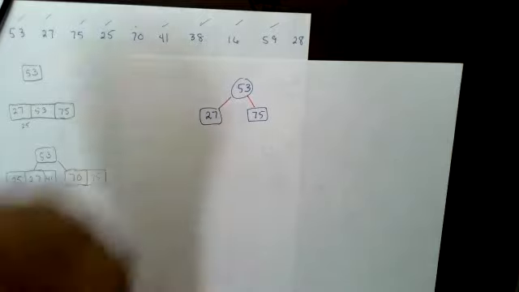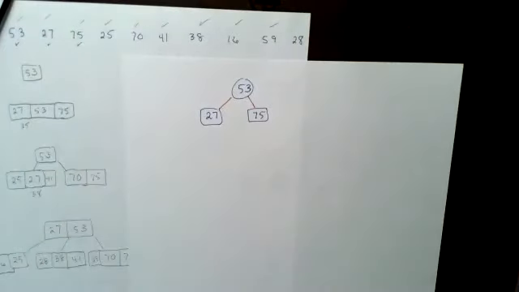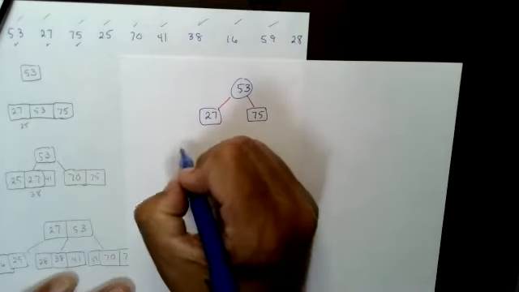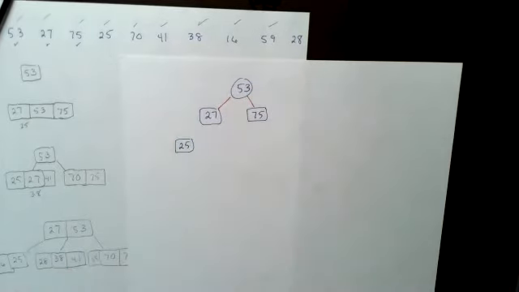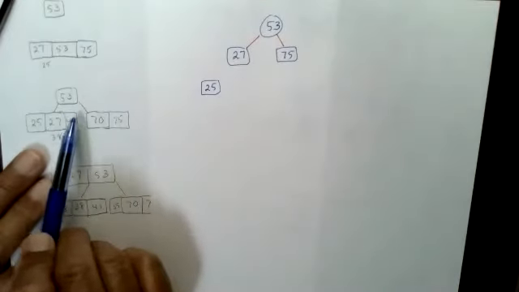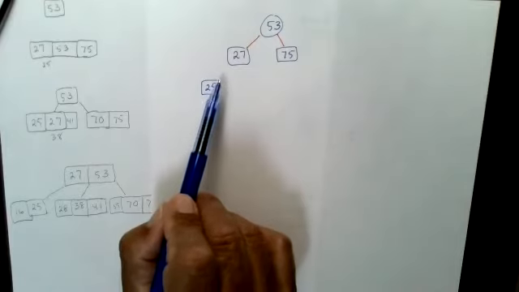The next number, I did 53, 27. The next number I want to add is 25. And when I add the 25, it's going to come down to less than 27. When I was adding things, I was adding them as reds. But when I added the 25, I would have gotten 2 consecutive reds.